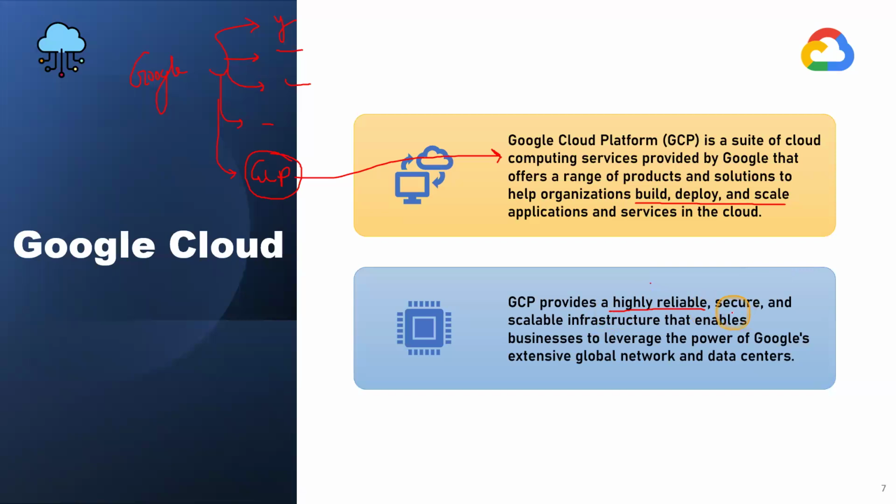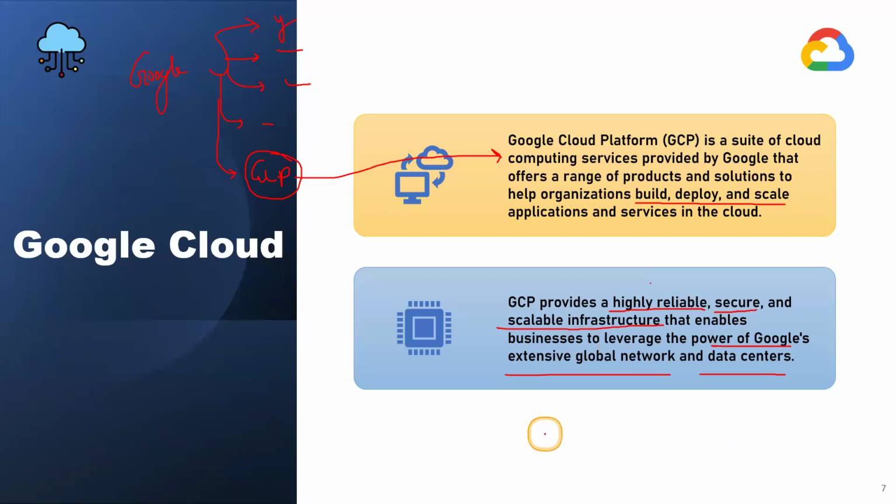The organizations who have used Google Cloud say these services are reliable, secure, and have a scalable infrastructure, which lets us leverage the power of Google's extensive global network and data centers. That means Google has its data centers throughout the world, and in each data center you have plenty of infrastructure. Companies can leverage this infrastructure to fulfill their project requirements.